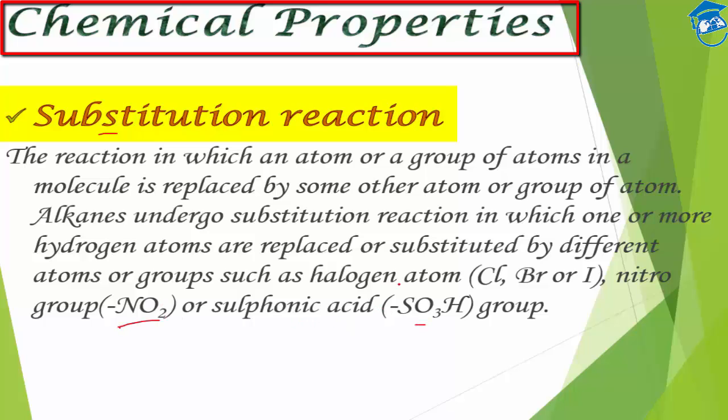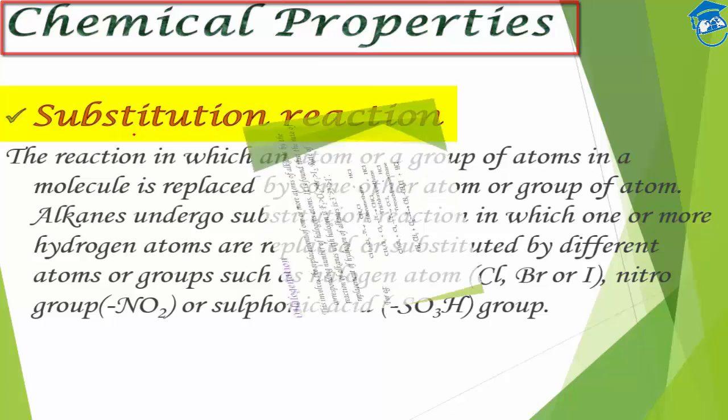An alkane can be converted into alcohol, where H will be replaced by OH, or into a carboxylic acid group, where H will be replaced by oxygen, and so on. So replacement means substitution reaction.